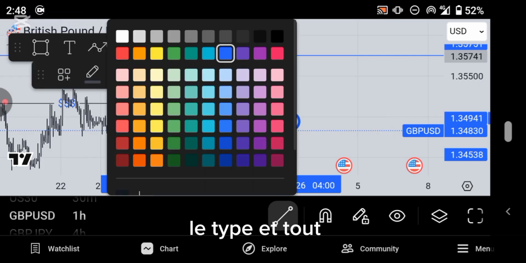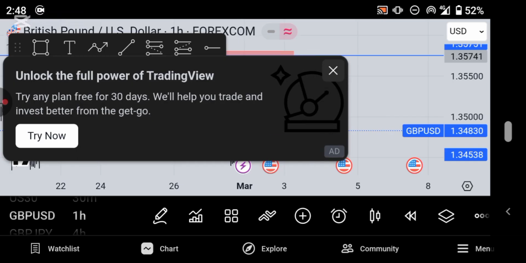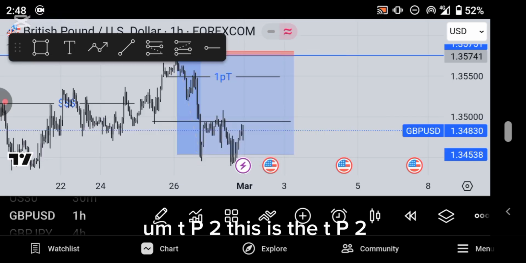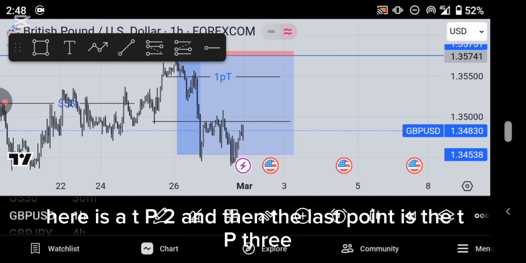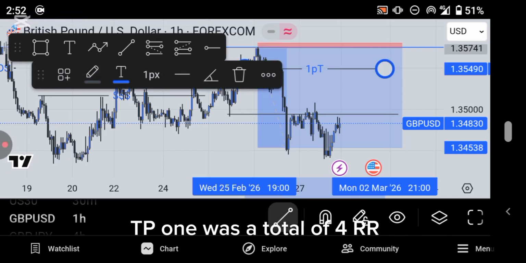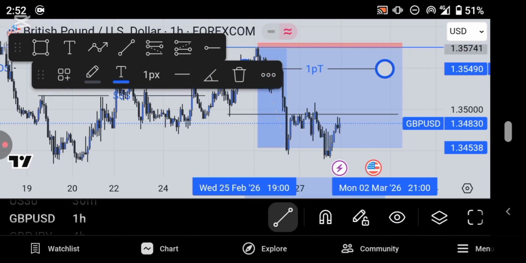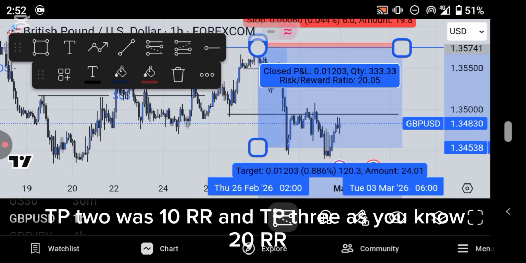This zone here is the TP2, and then the last point is the TP3. So how do I get the total of 34 RR? TP1 was a total of 4 RR. TP2 was 10 RR, and TP3, as you know, 20 RR.